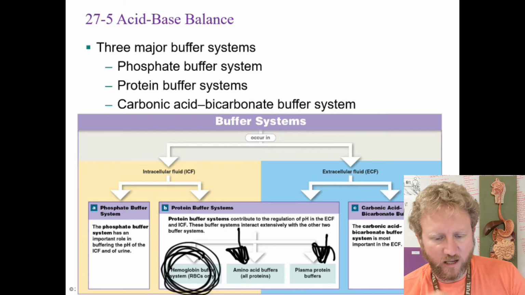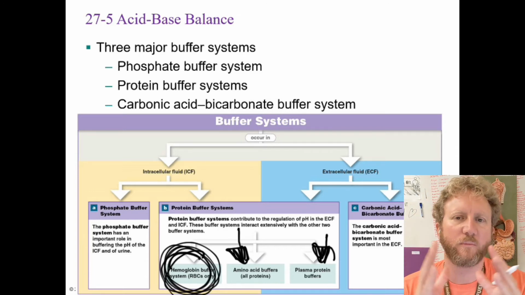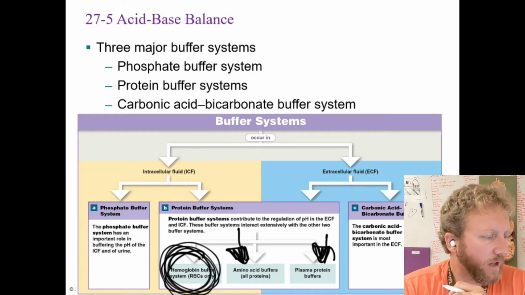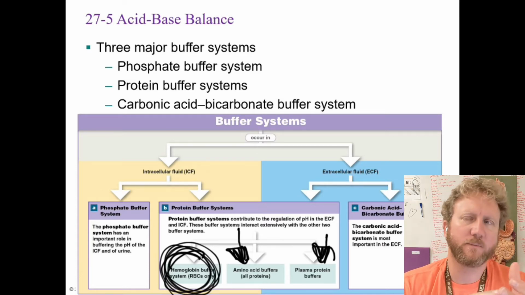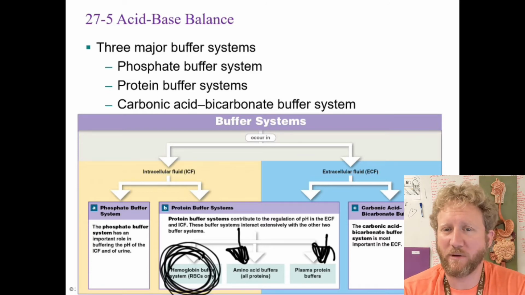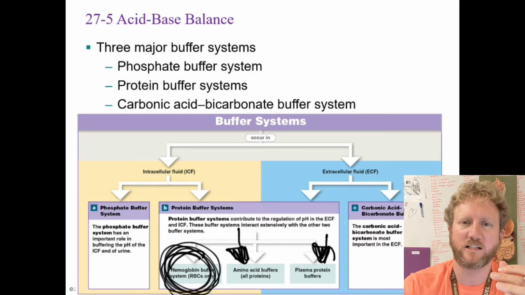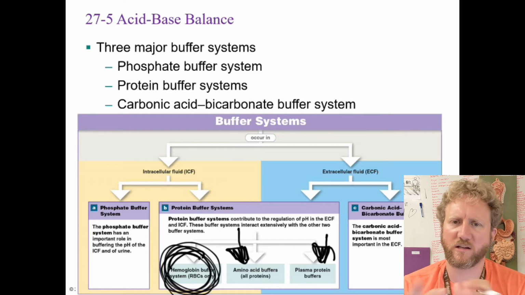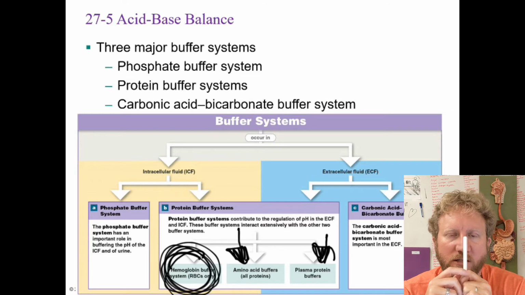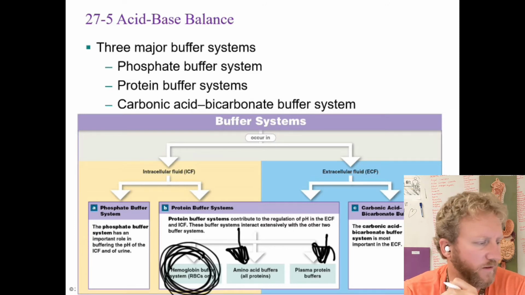Now, hemoglobin is a different one, and it's only in red blood cells. It makes sense because only red blood cells have hemoglobin. But basically what happens, and the textbook talks about this in great detail, and I mentioned it in teeny tiny detail when we talked about the circulatory system and blood, and also I think in the respiratory system when we talked about CO2 concentrations and partial pressure and all that other stuff.